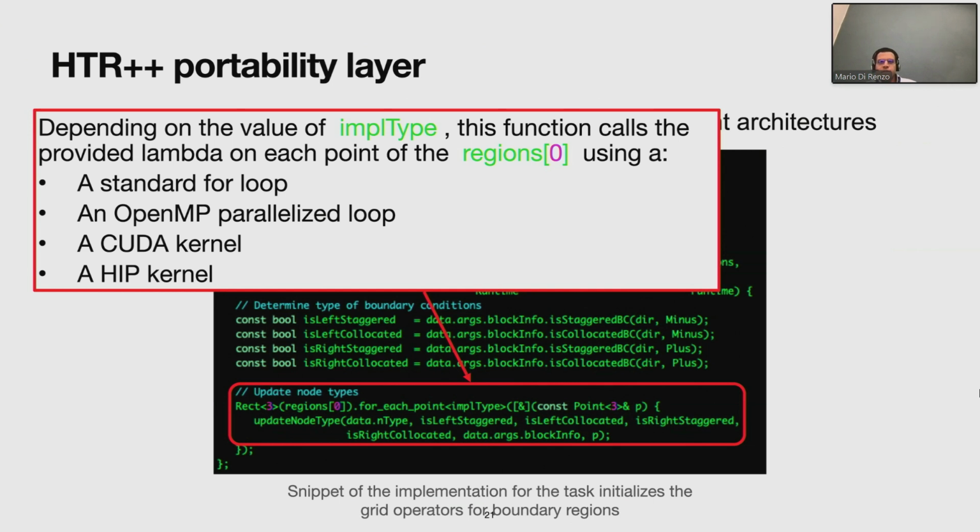And this is quite useful for us because we can implement the functionality of the code in a single place, in a single file, significantly simplifying the approach for new developers who maybe are not familiar with CUDA or HIP.